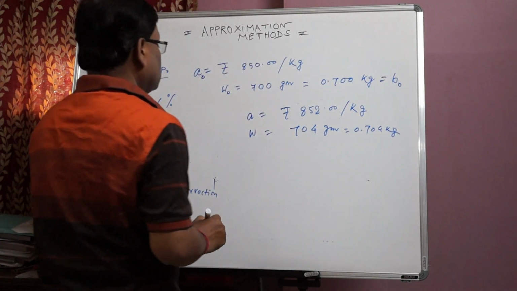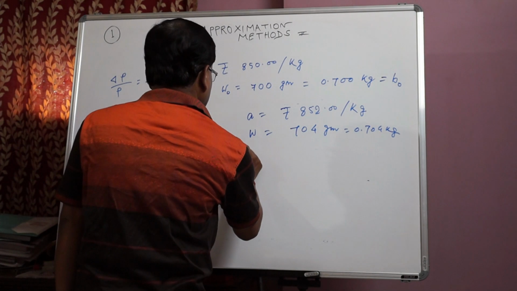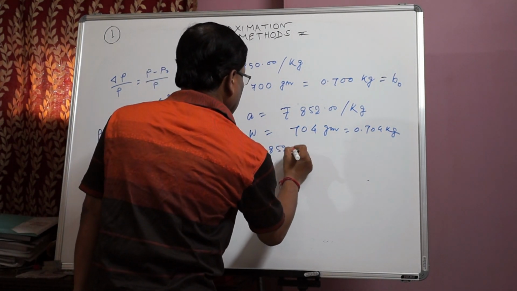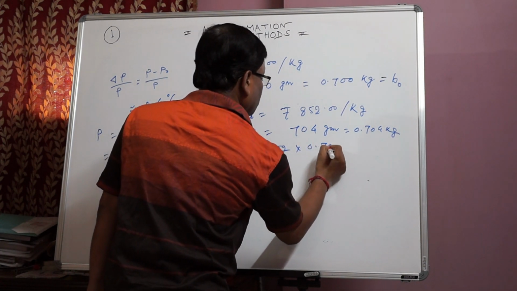So what is its price? Its price P is 852 into 0.704.